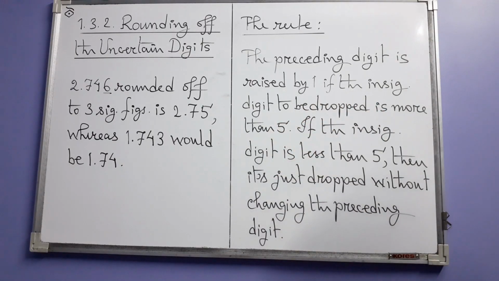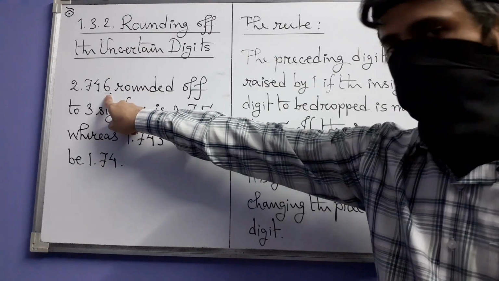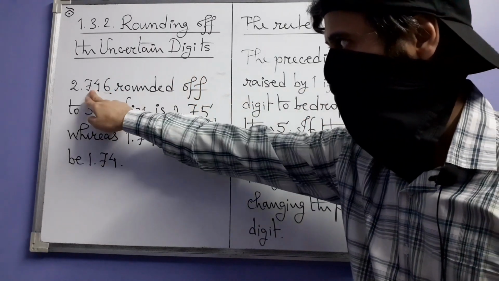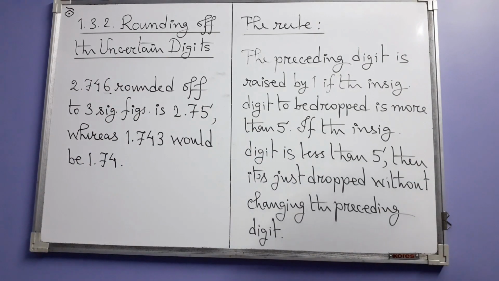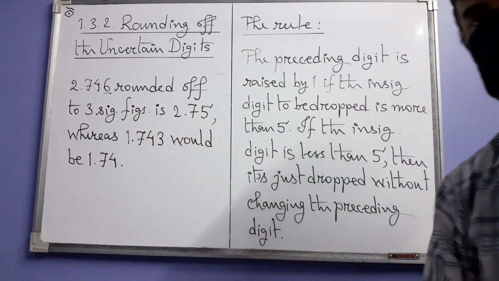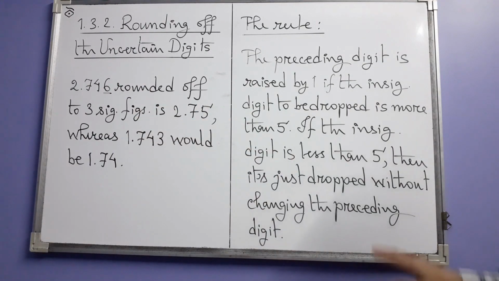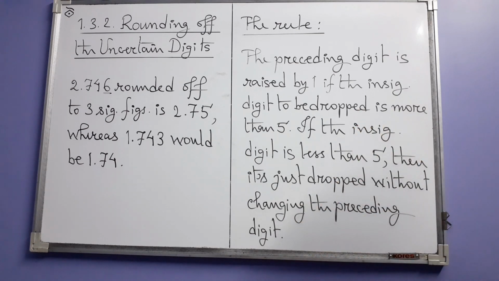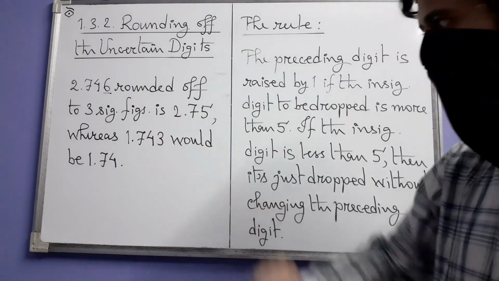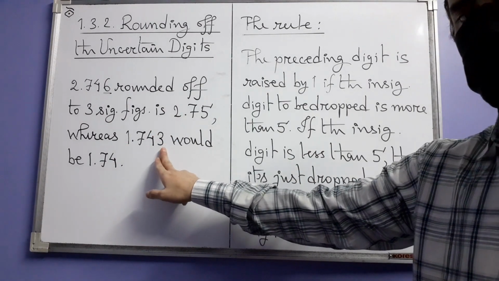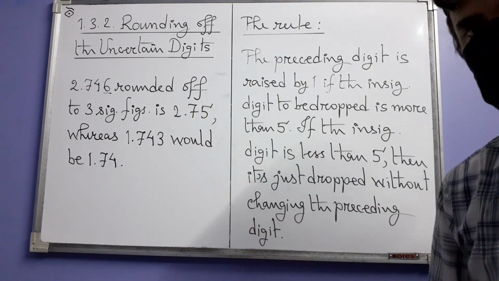If this insignificant figure to be dropped is greater than 5, then we add 1 to the preceding digit, and that's why it becomes 2.75, that 4 becomes 5. Whereas, if the insignificant figure to be dropped is less than 5, then we do not change the preceding digit. For example, 1.743 becomes just 1.74 because the digit 3 to be dropped is less than 5.